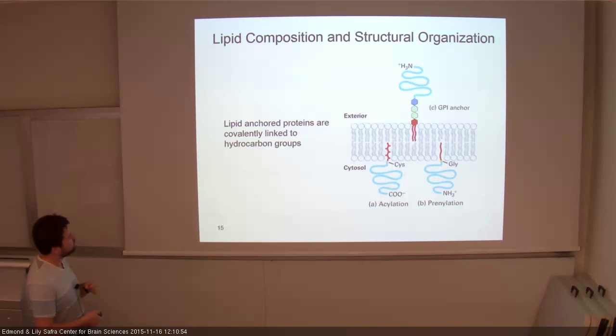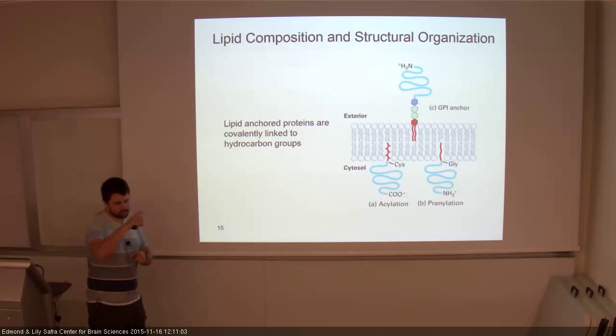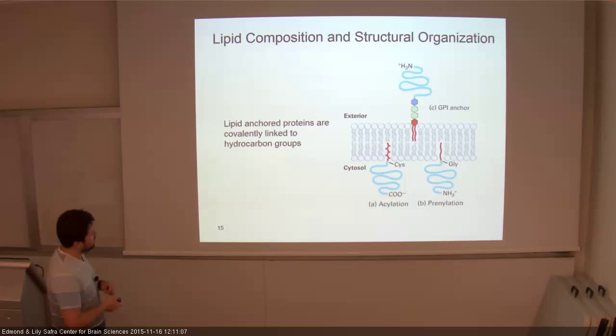You can also have these anchors that are formed from hydrocarbons, by which we mean just long chains of carbons saturated with hydrogens. And these anchors are normally formed in specific connections to specific amino acids of the protein.